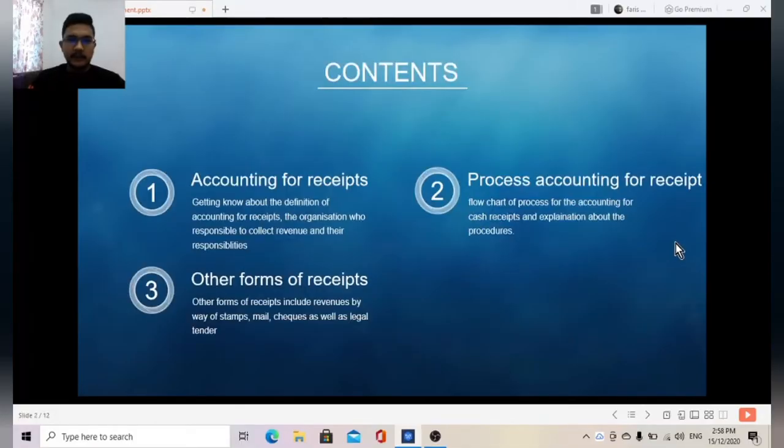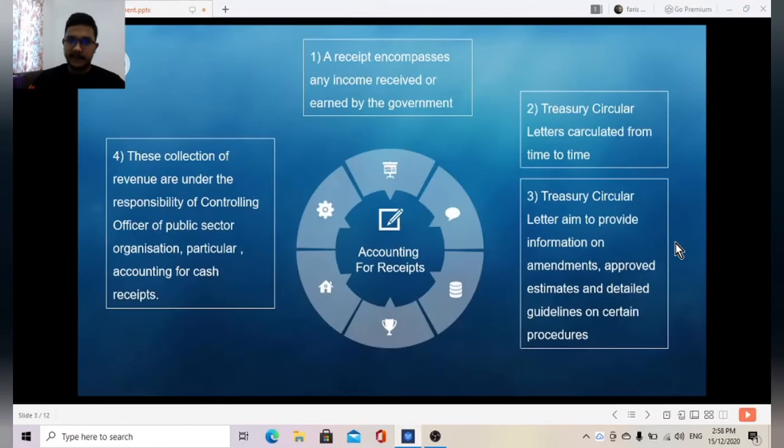In this chapter, we will cover accounting for receipt, the process of accounting for receipt, and other forms of receipt. Accounting for receipt: a receipt encompasses any income received or earned by the government. Second, the treasury circular is calculated from time to time.